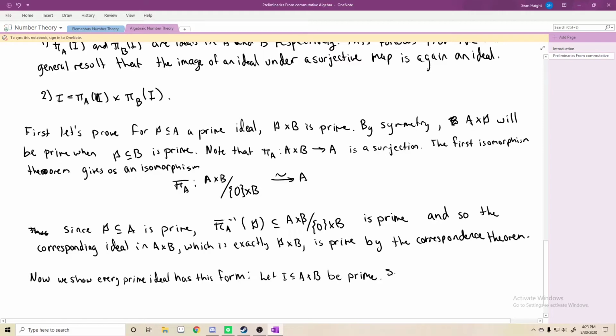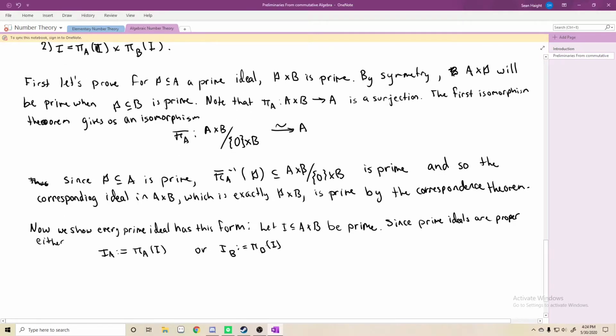Since prime ideals have to be proper, either I've got two guys, I sub A, this is going to be pi sub A of I, or I sub B, which is pi sub B of I, are proper ideals in A or B respectively.